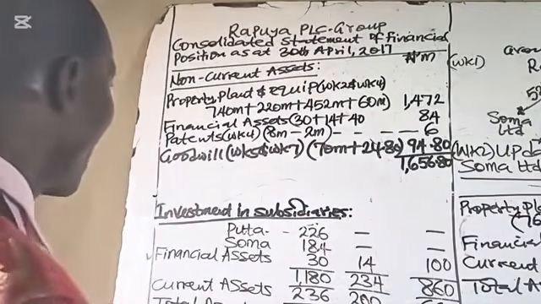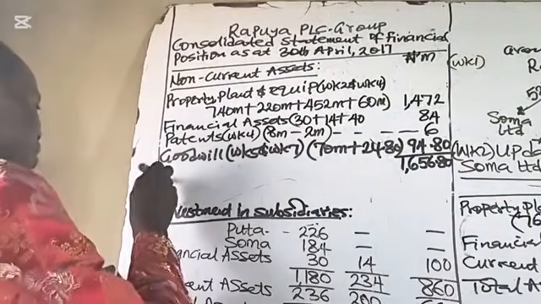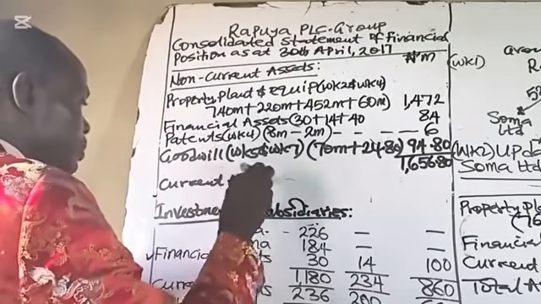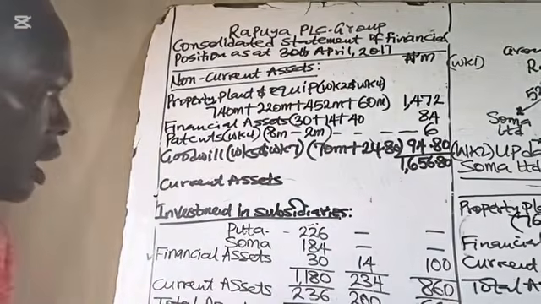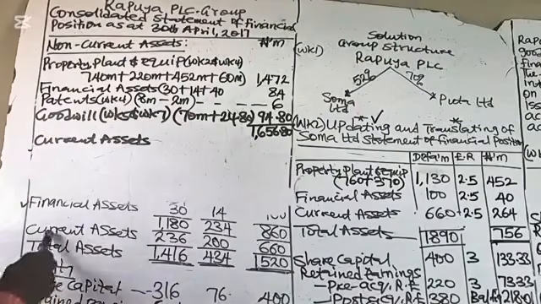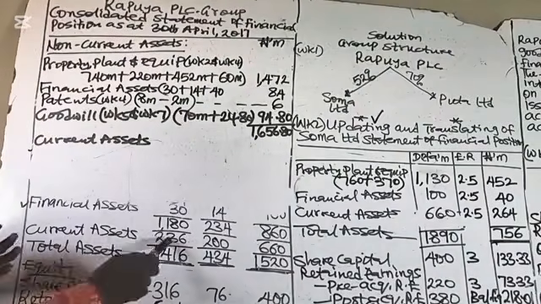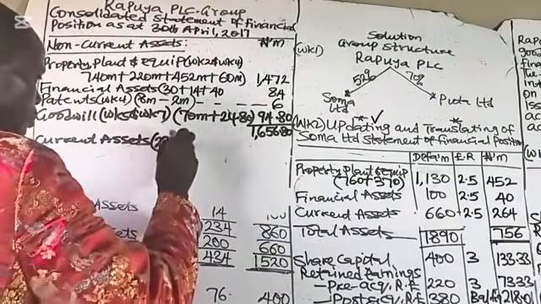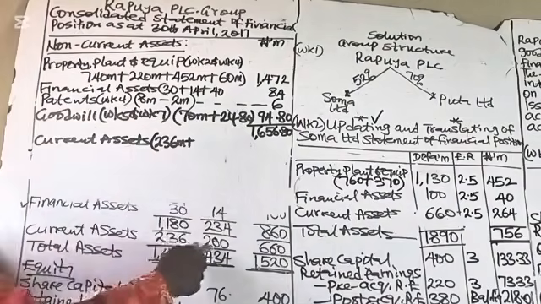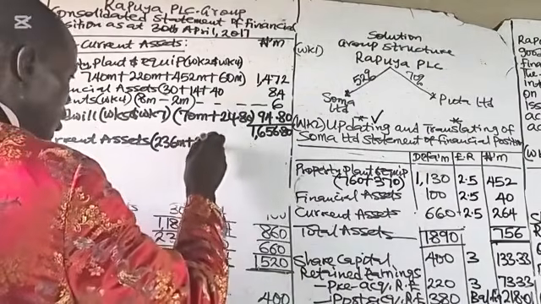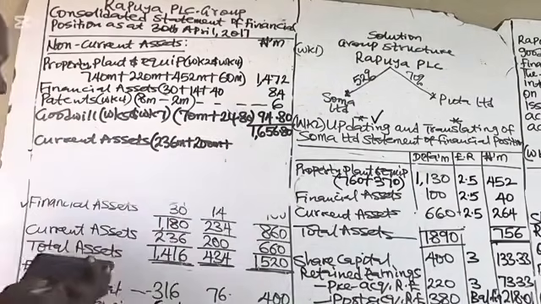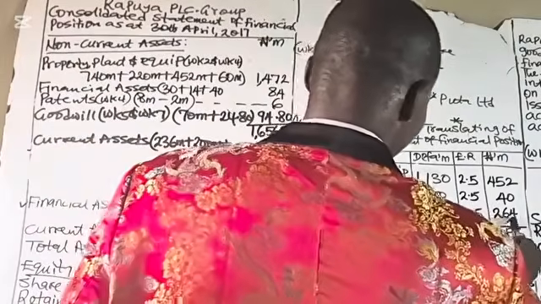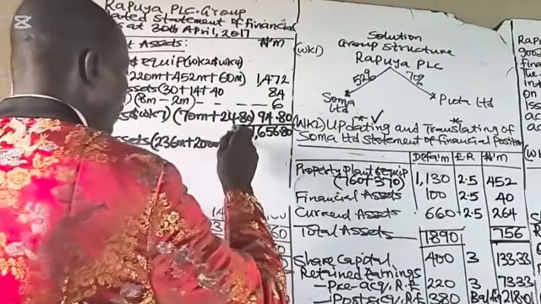After non-current assets, we have current assets. Rapuya 236 million, plus Puta 200 million, plus Soma's current assets, which amounted to 264 million.